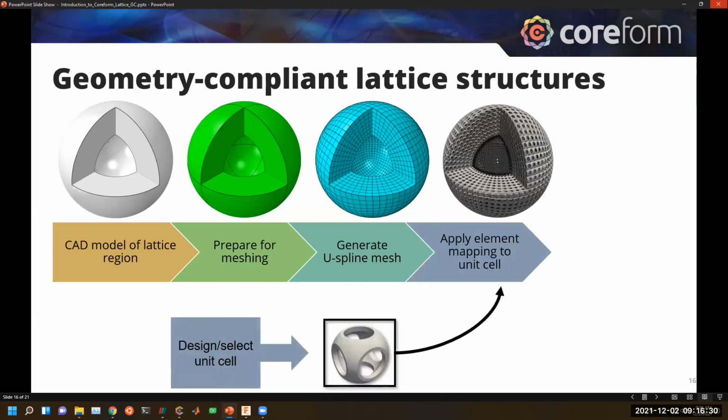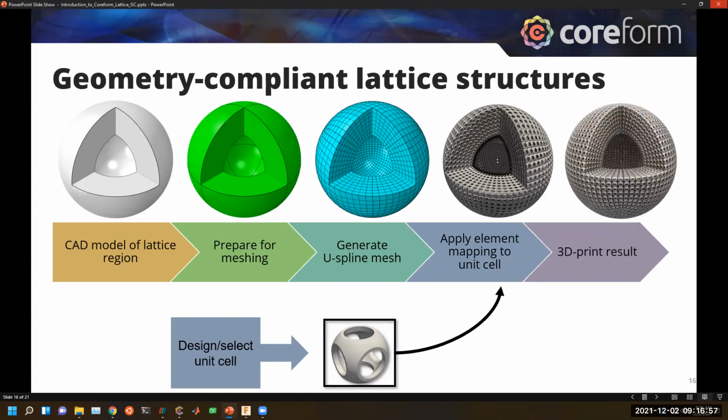So in Coreform Cubit, we then build this U-spline mesh. And then kind of at the same time, we're selecting or designing a unit cell that's then going to take the geometric mapping of each finite element, or each U-spline element in our mesh, to then map it to a deformed configuration of these unit cells that then comply or are compliant to the underlying geometry.